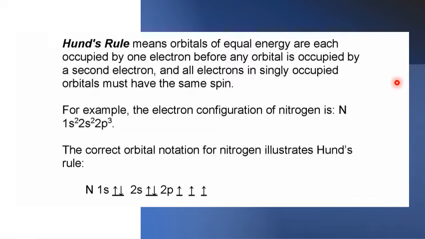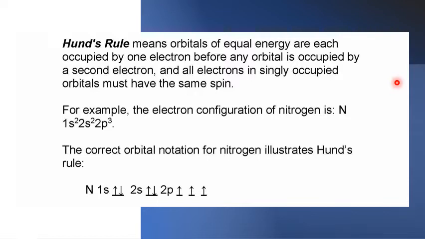Hund's rule means orbitals of equal energy are each occupied by one electron before any orbital is occupied by a second electron, and all electrons in a singly occupied orbital must have the same spin. For example, the electron configuration of nitrogen is 1s2, 2s2, 2p3.